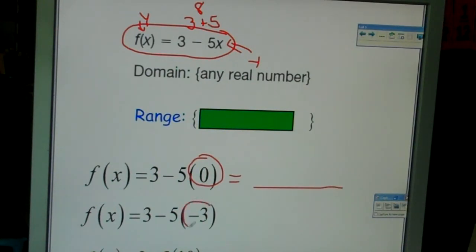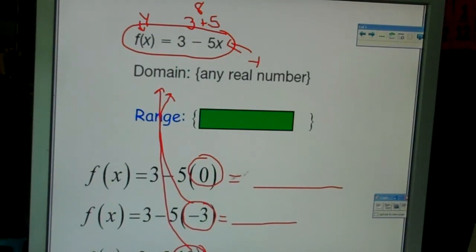I've plugged in negative 3 as one of my domain values. You can do the calculations and figure out what you would get. And I've done positive 10 as a domain. Is positive 10 part of any real number system? Yes, it is. You can plug that in and see what you get.